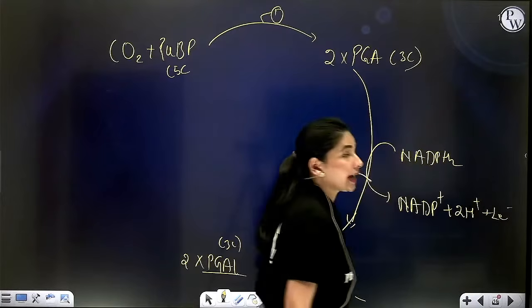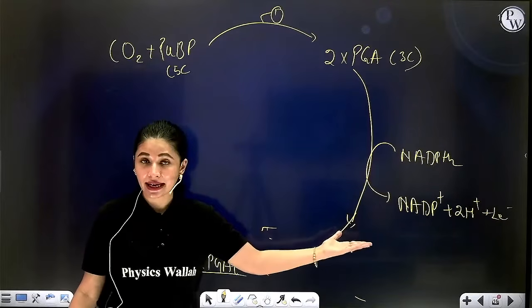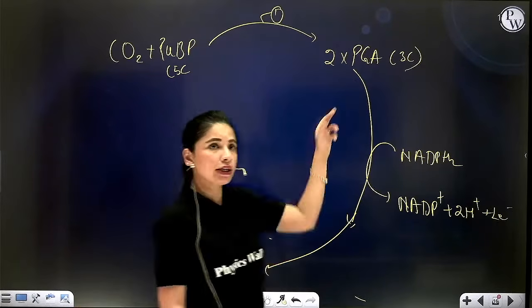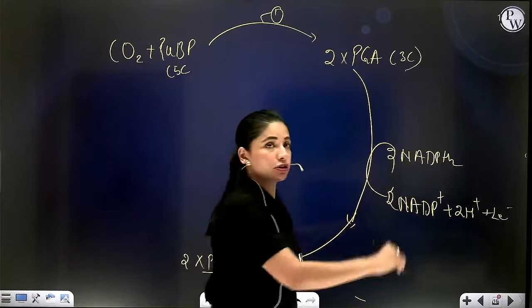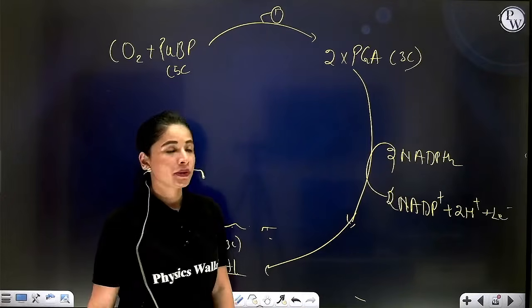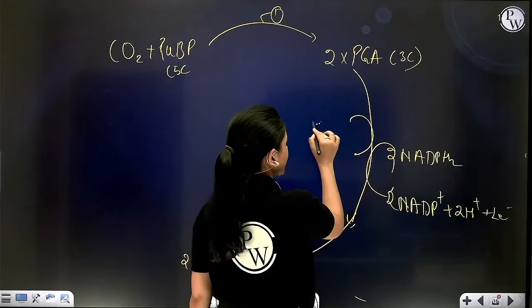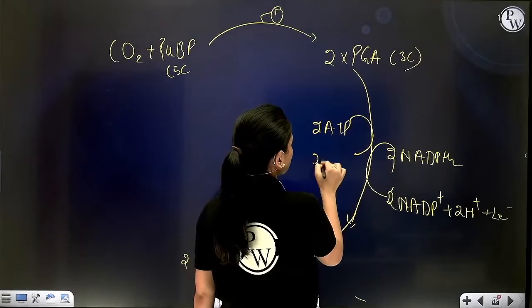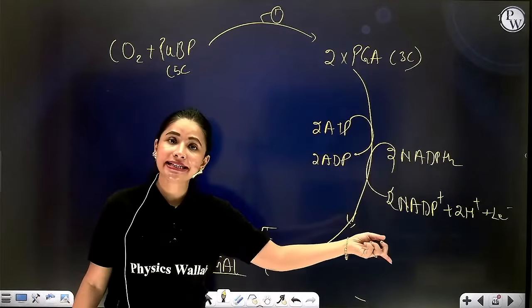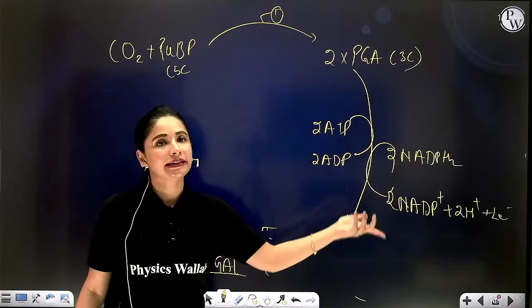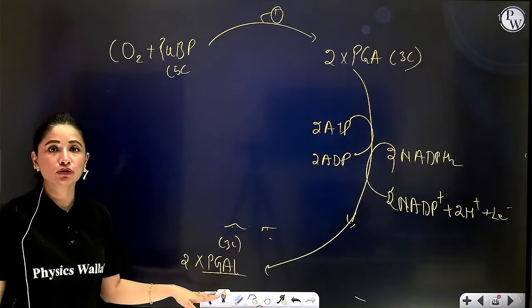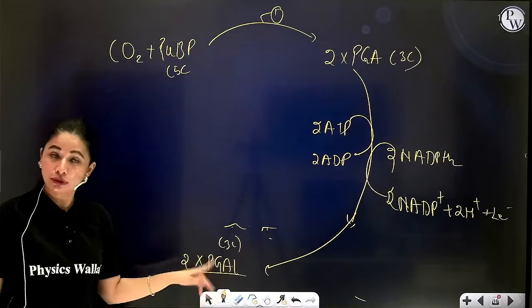So see how the end products of the light reaction are utilized in the reduction step of the C3 cycle. 2 molecules of NADPH2 are oxidized, and in return PGA gets reduced. This is also an energy-consuming step, so 2 ATP are also consumed. Again, ATP is also coming from the light reaction. After this step, you obtain 2 molecules of phosphoglyceraldehyde, a 3-carbon compound.